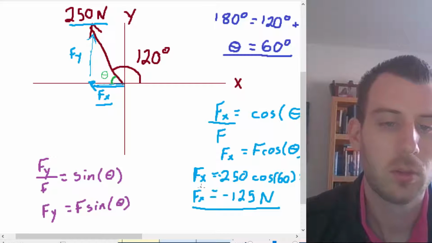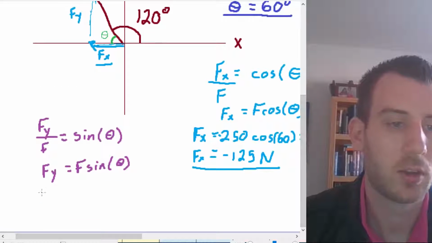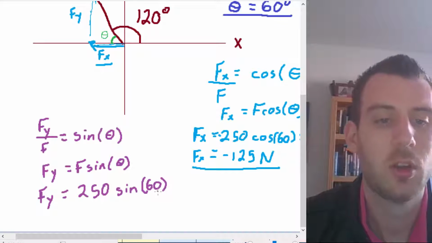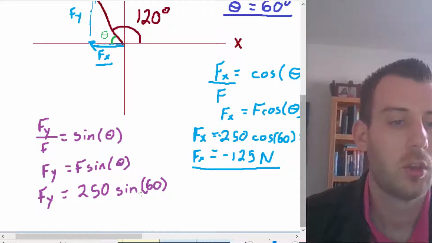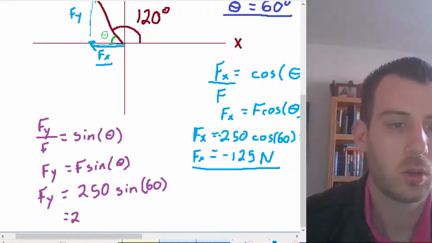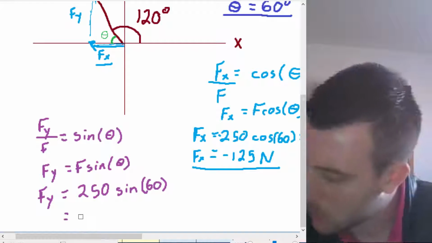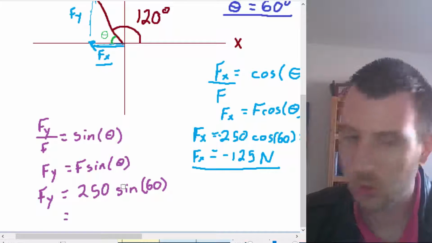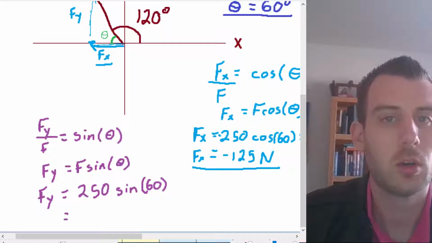Then I can plug things in and just say that F_y is equal to 250 times sine of your choice, either 60 or 120. If I do 60, I have to reference the picture. If I do 120, I don't. So this gets me 250, what does that solve out to be? That comes out to be 216.